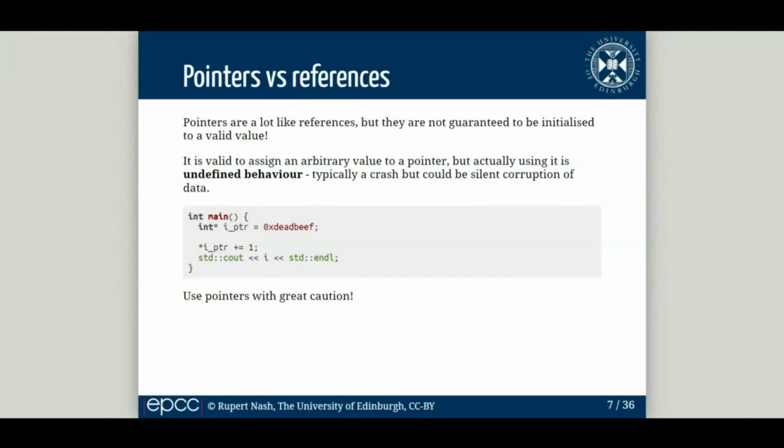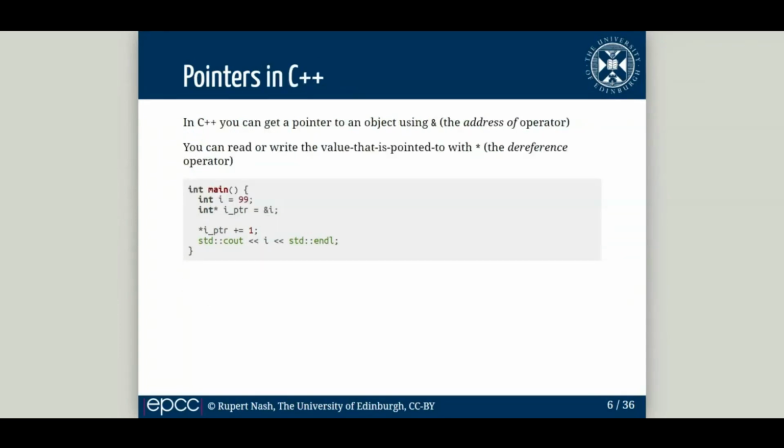Also, we are talking about pointers. There is a comment in the chat, so let's go to the previous slide: that I is the same as star iPtr. Exactly, yeah, it's the same.